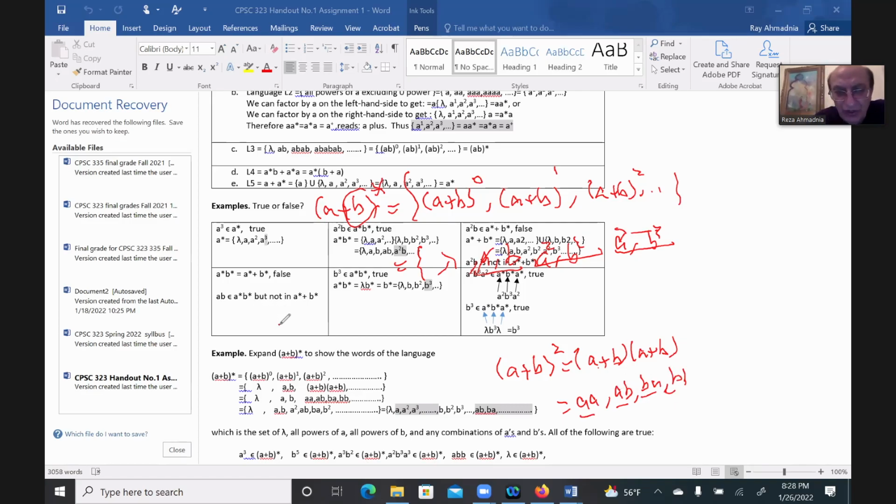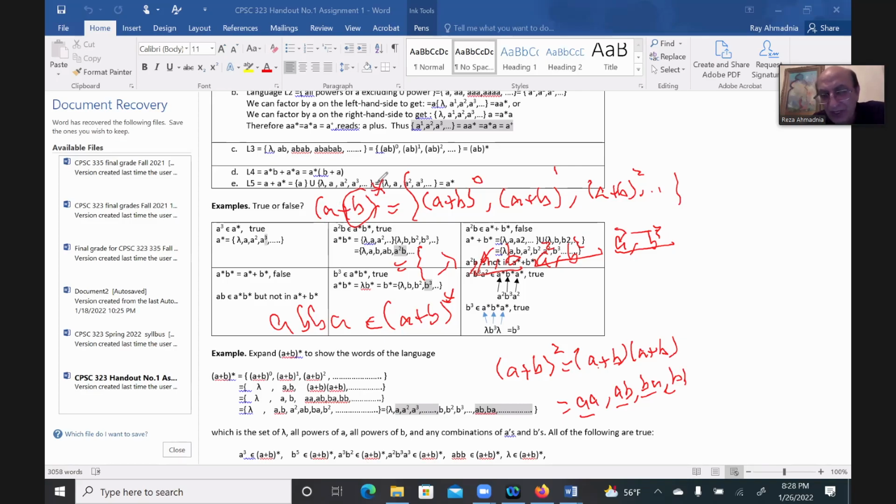So any word like A, B, B, A, is this a word in A or B star? The answer is yes. It is a word of length 4. If I find A or B to the 4th power, one of the words is going to be this one here.